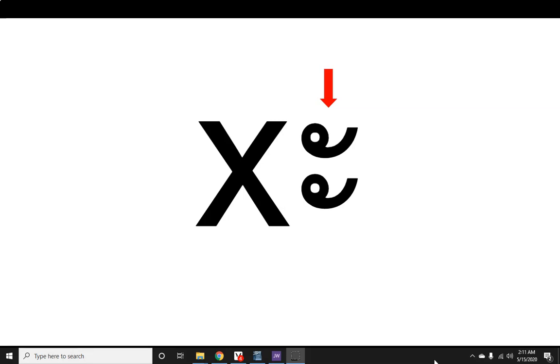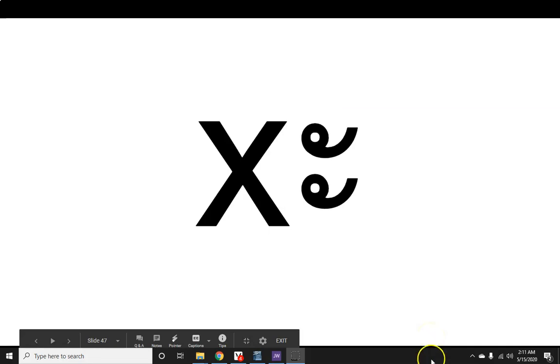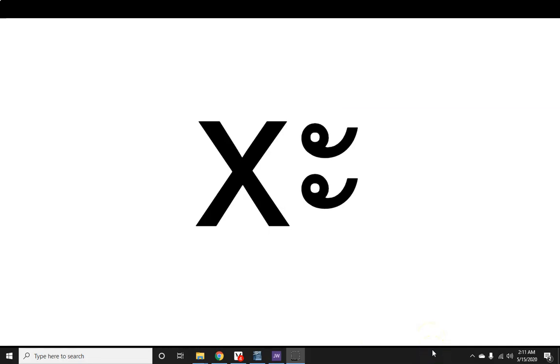And ah will always appear to the right, just like this. Now here's what it looks like without the arrow. It's the ah sound, but cut short.